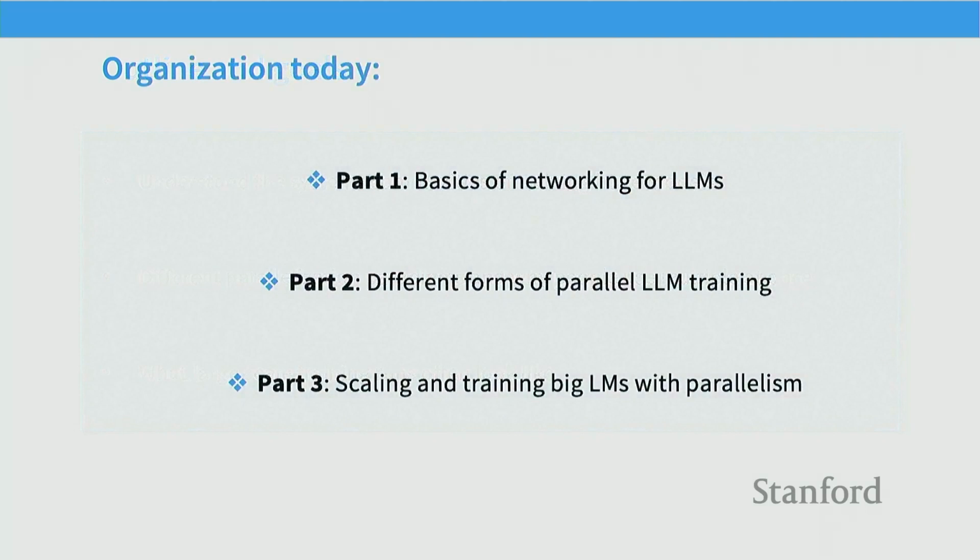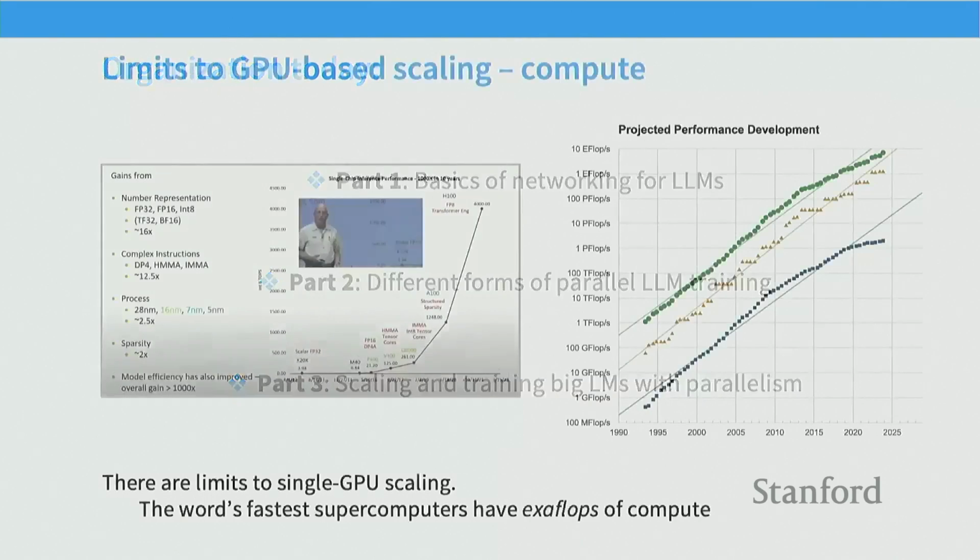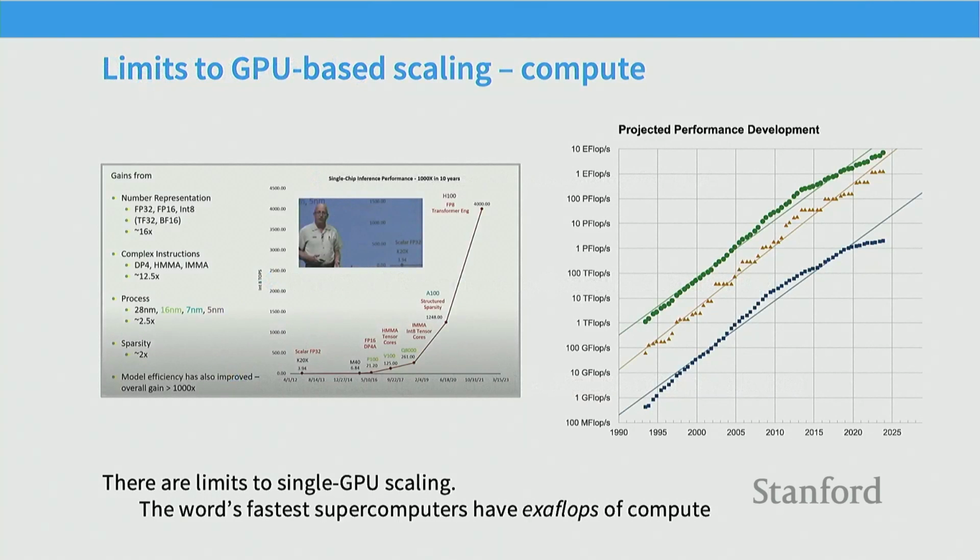Okay. And so that's going to roughly map to the different parts of this lecture. We're just going to talk about the basics of networking first, and then we're going to talk about how each of these networking hardware concepts maps to different parallelization strategies. And then finally, some case studies to close off, to show you how it all comes together, right?